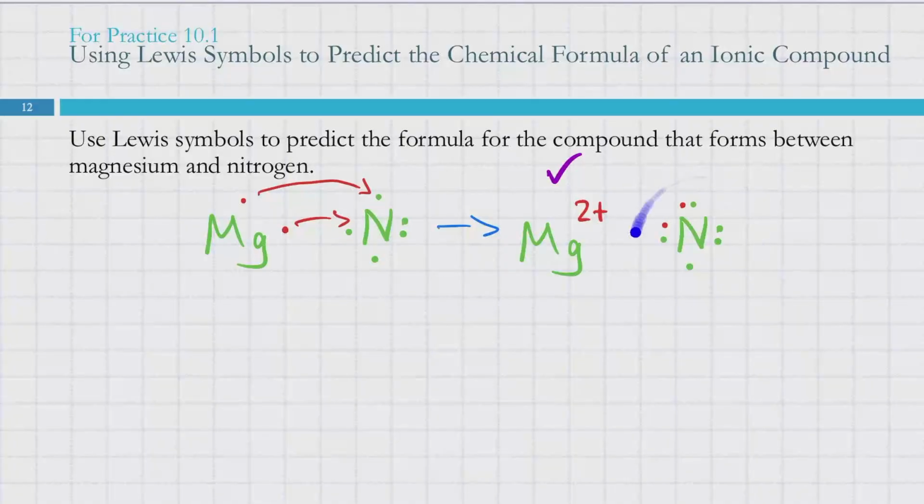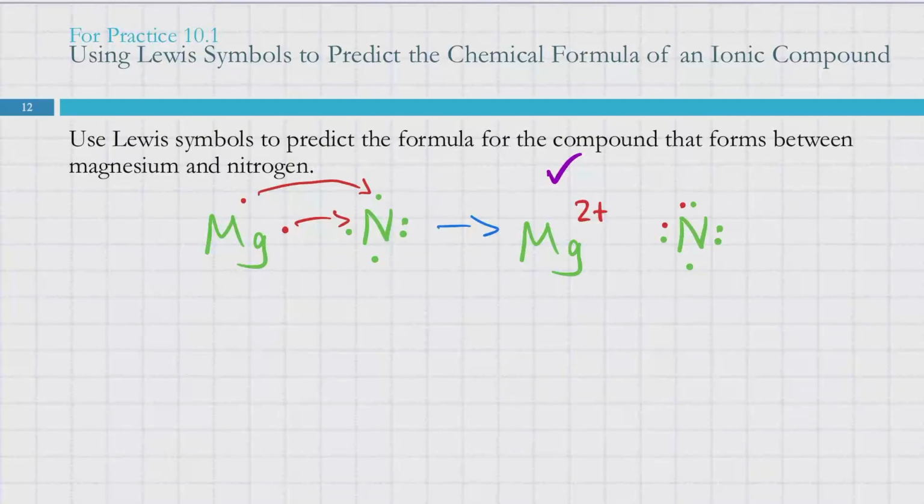Does nitrogen have an octet? No, nitrogen doesn't have an octet. How many electrons does it need? Needs 1 more electron. Where could we get that electron from? What metals do we have available to us up here? Magnesium. There's probably another magnesium.